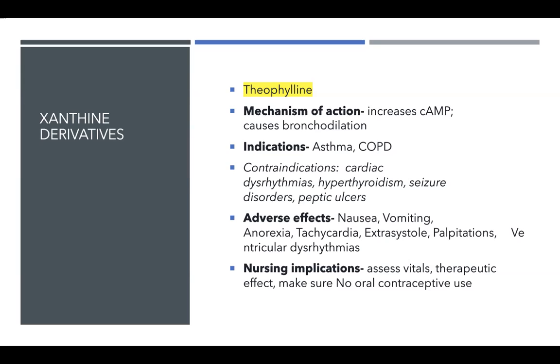Some adverse effects are going to be nausea, vomiting, anorexia, tachycardia, extrasystole, palpitations, and ventricular dysrhythmias. And nursing implications are going to be assessing those vital signs, assessing for therapeutic effect, and then making sure there's no oral contraceptive used before you're giving this.